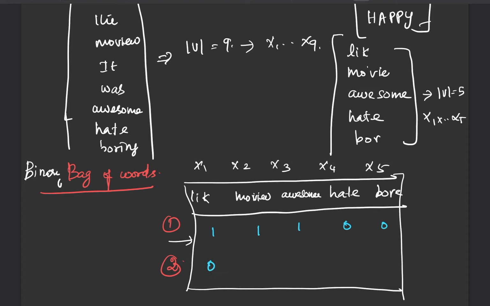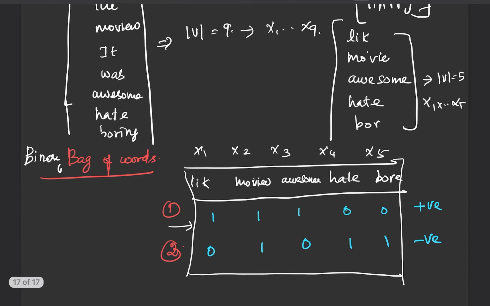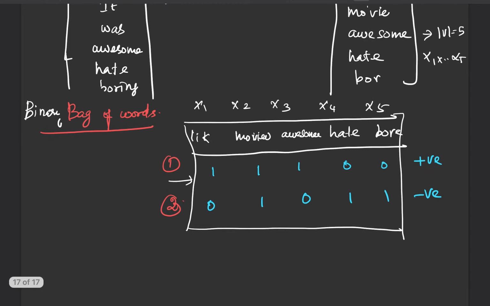So like was not there, movie was there, awesome was not there, hate was there, bore was there. And in my output vector, this one is positive and this one is negative. This is how I represent my feature vector. This method is called binary bag of words.